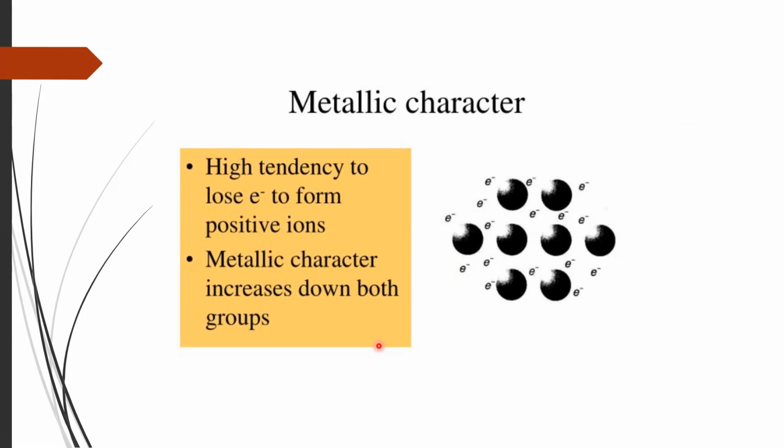Hence, it's very easy to remove one electron from the valence shell. Hence, metallic character increases down the group.